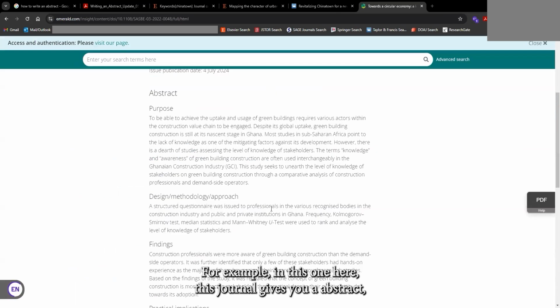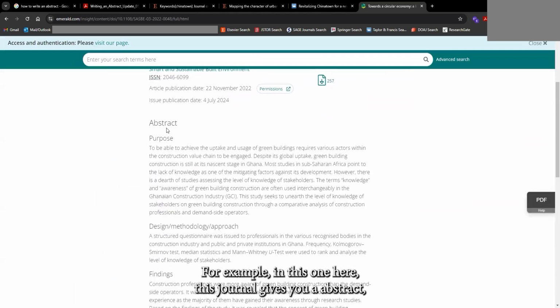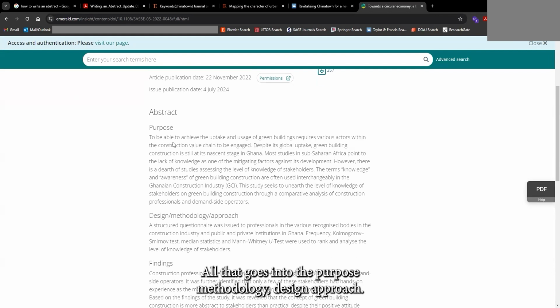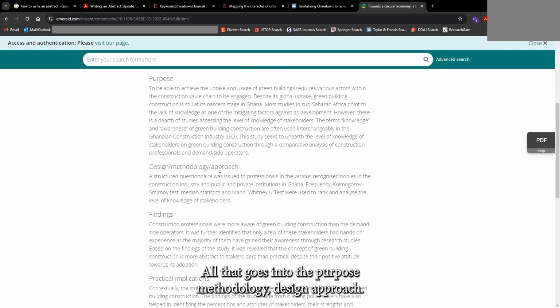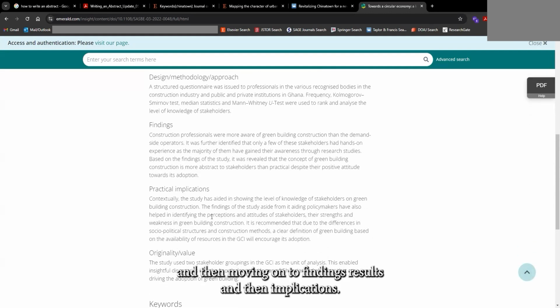For example, this journal gives you an abstract breakdown that includes a purpose, so context, why, rationale, all that goes into purpose; methodology, design, approach, which is what you've done and how you've done it, the methods you used and data types; and then findings, results, and then implications.